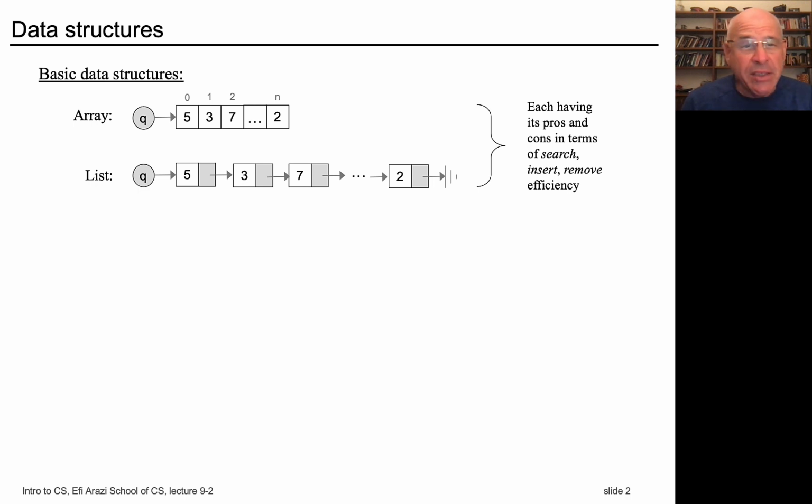Now, both of these data structures have advantages and disadvantages. The array is better for searching, for example, but not so good for insertions and removal of elements. מערכים הם מאוד נוחים לחיפוש, פחות נוחים לתחזוקה.